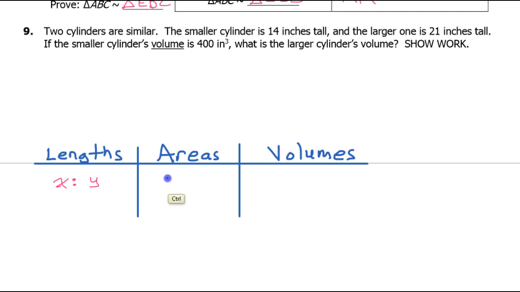Then the ratio of areas would be x squared to y squared. And the ratio of volumes would be x cubed to y cubed.